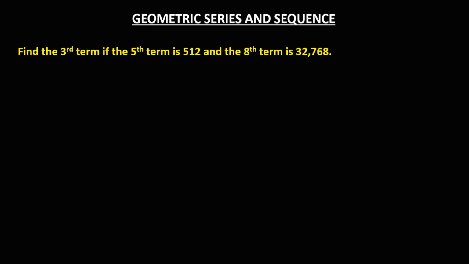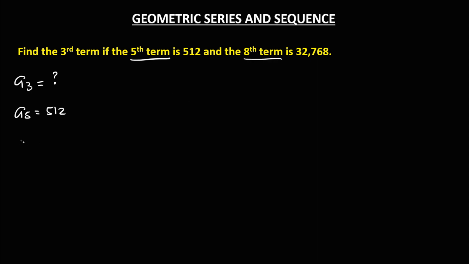Then for this given, find the third term if the fifth term is 512 and the eighth term is 32,768. So first, we need to list all the given. So we have a sub 3, the third term, this one is the unknown. Then the fifth term, that's a sub 5, that's 512.